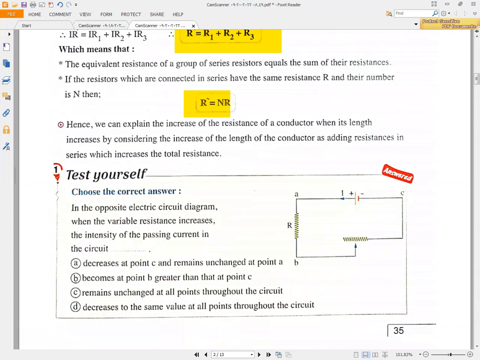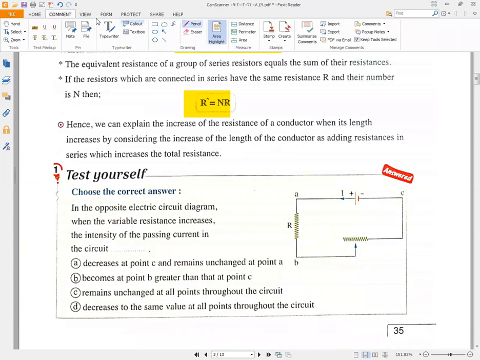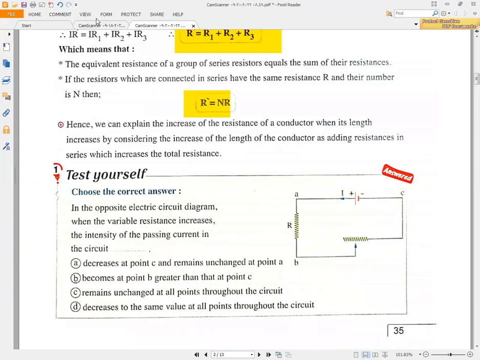Again, in the opposite circuit, when the variable resistance increases, the intensity of passing current in the circuit will be... When the resistance increases, the R dash, the total resistance of the circuit, increases, so the current intensity will decrease.